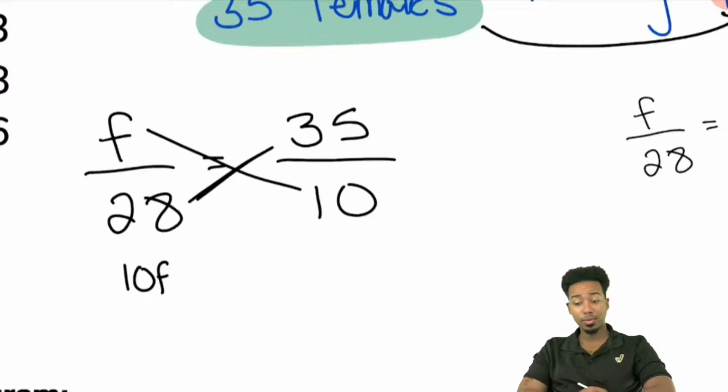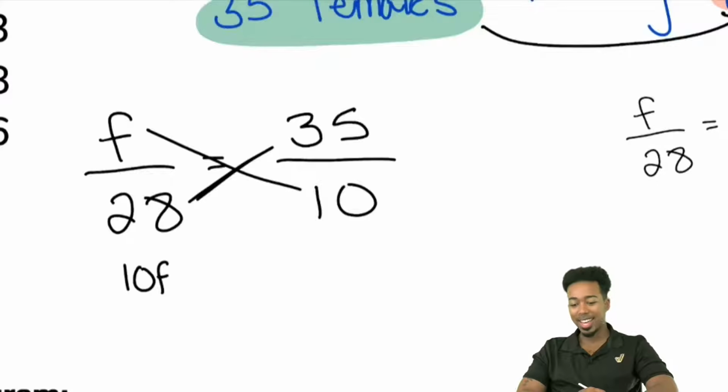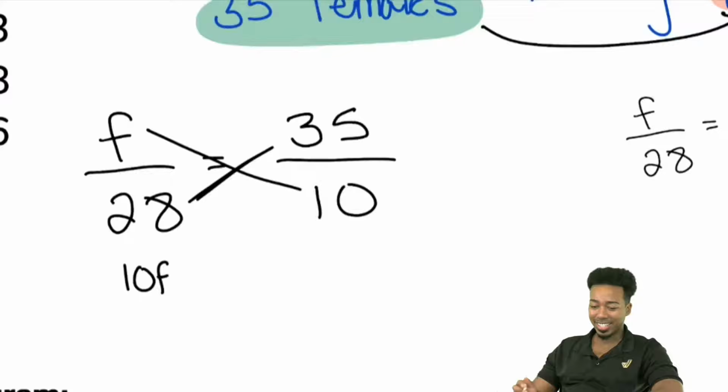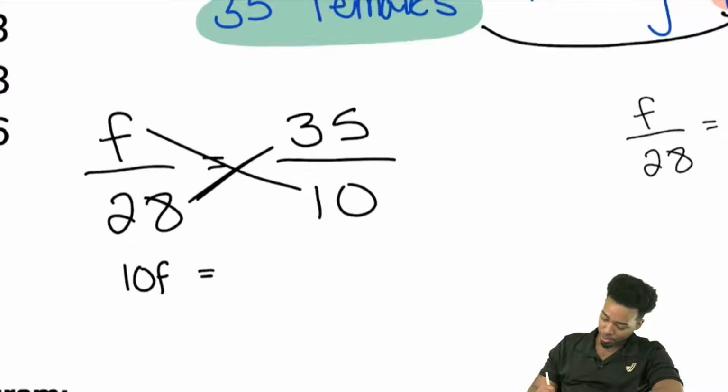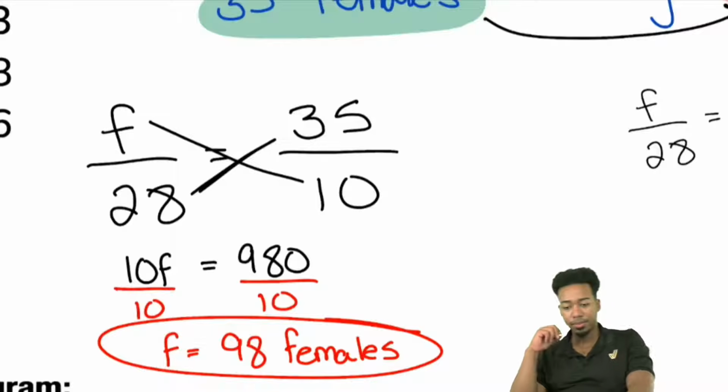Was that off the top of your head, Raymond, Camille, Lewis? If that wasn't on the top of your head, I did teach you well. All right. So with that 28 times 35, that's going to give you 980. So 10F equals 980. And then from there, we would go ahead and divide both sides by 10. And we would get F equals 98. And that would be particularly 98 females right there.